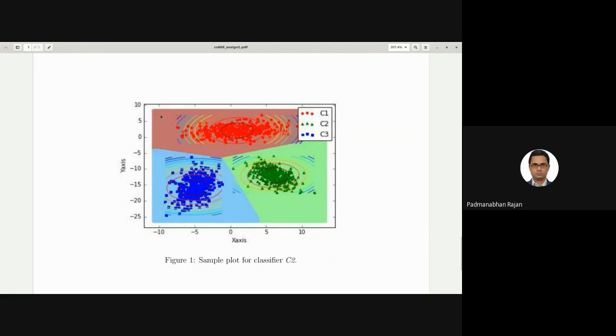To find these decision regions, one way is to find these decision boundaries, or an easier approach could be to find the discriminant at each of the points in this grid, classify it based on which decision region it belongs to, and put some color for that. You'll have to do it for all the points here.